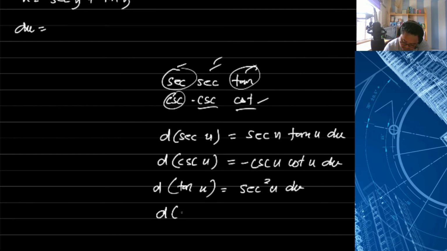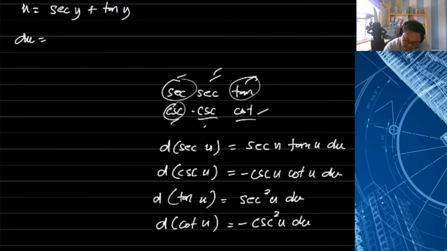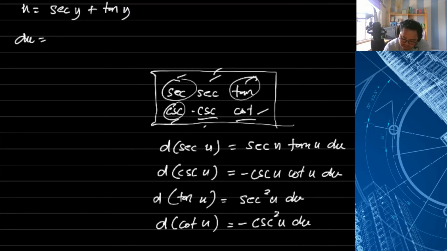The differential of cotangent u equals negative cosecant u du, but we have 2 cosecant, so this is squared. So that's how to memorize basic trigonometric functions. The key here is to memorize this one. This is just the same as memorizing the integral of trigonometric functions as I taught in video 2.